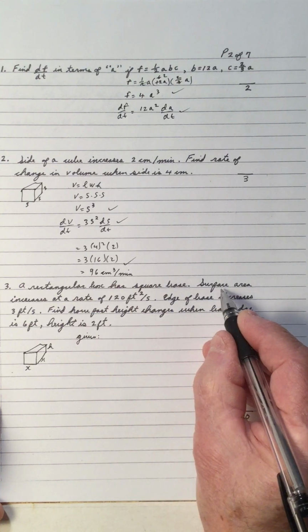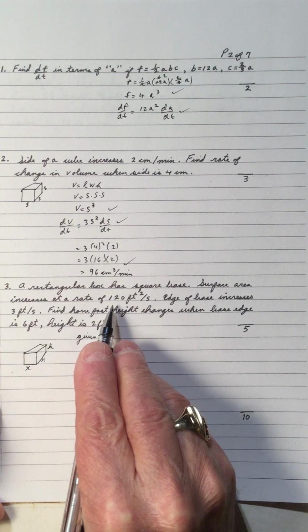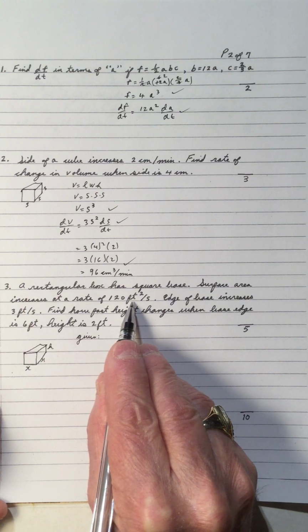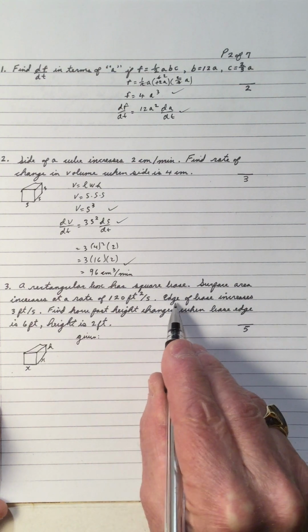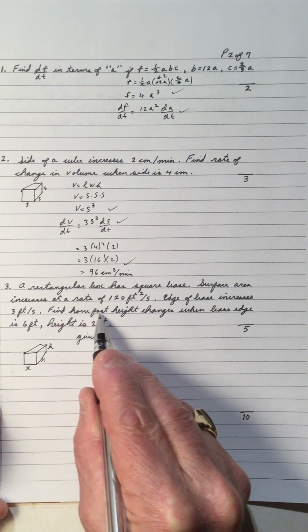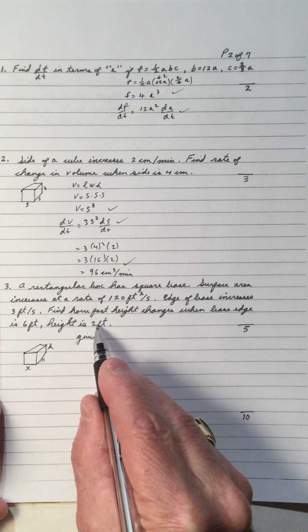We have a surface area that increases at a rate of 120 square feet per second. The edge of the base increases 2 feet per second. Find how fast the height changes when the base edge is 8 and the height is 2.